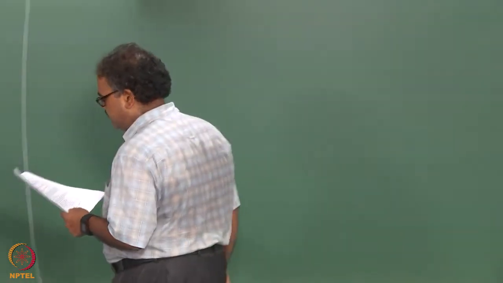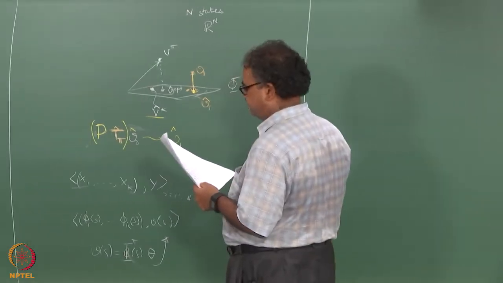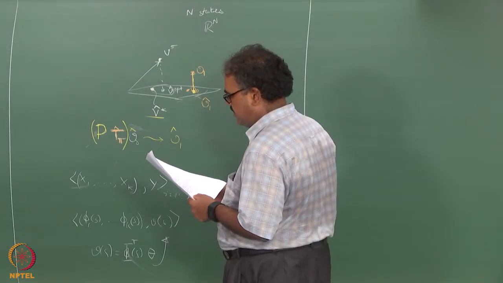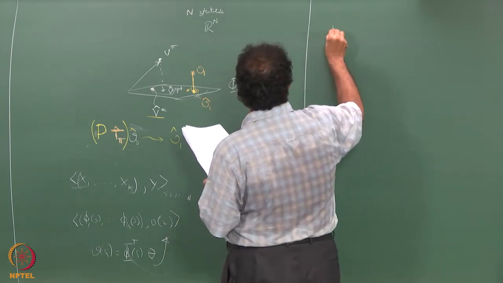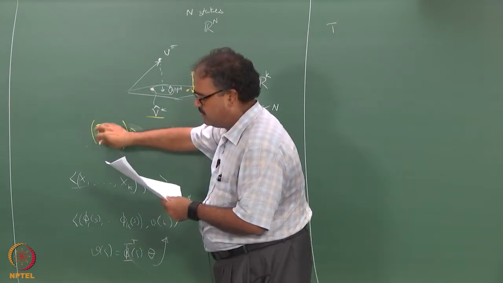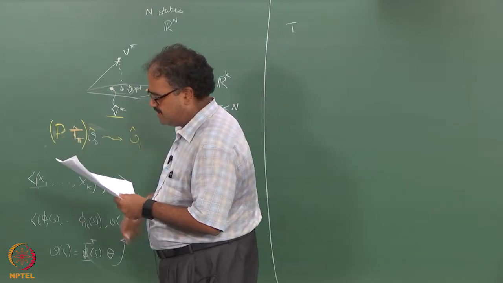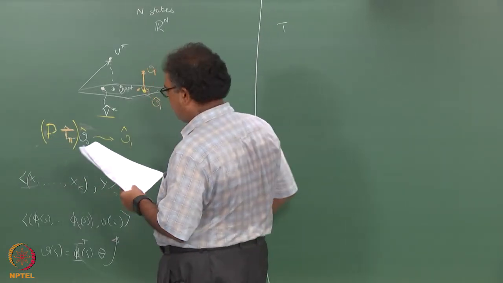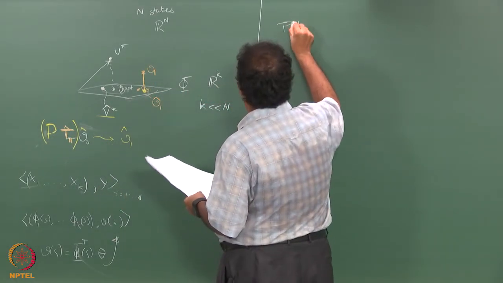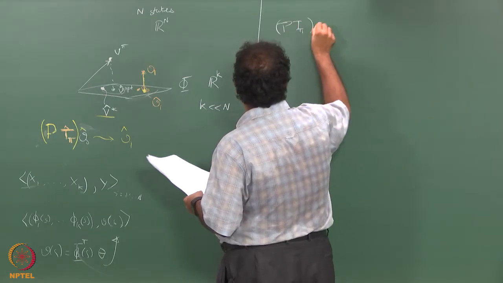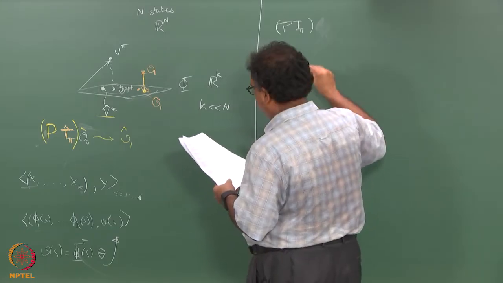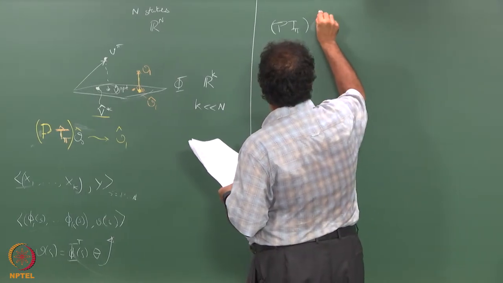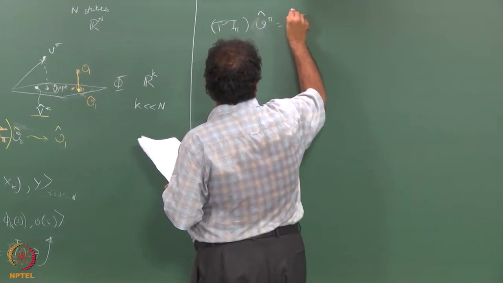Great. So now let's look at it. What I really want is, suppose I have this whole operation that is happening, my P pi times v pi hat equal to v pi hat.